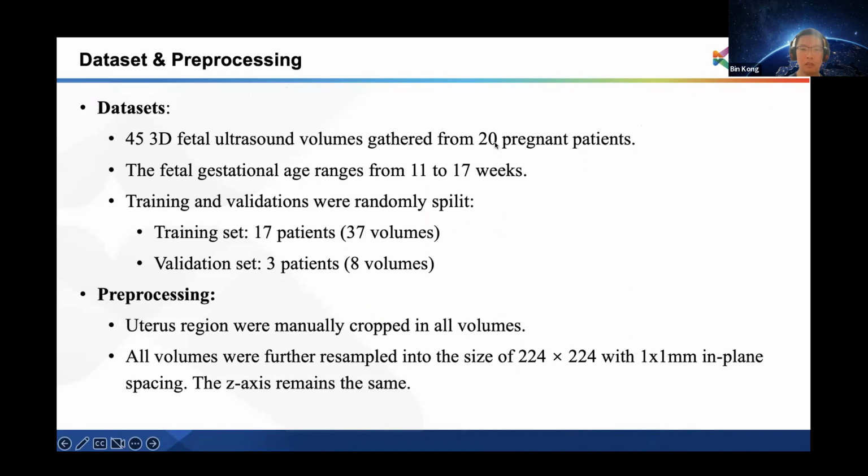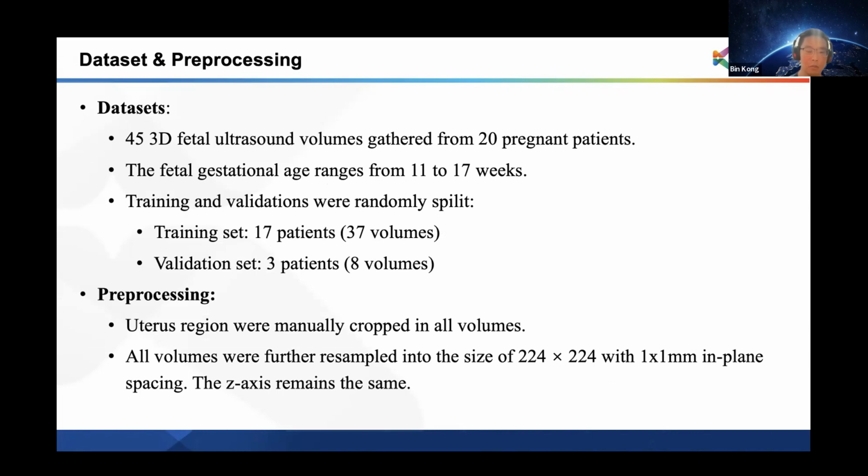This data set is captured from 20 patients, and the gestational ages range from 11 to 17 weeks. We randomly split the data set at the patient level, so we use 17 patients for training and 3 patients for evaluation.